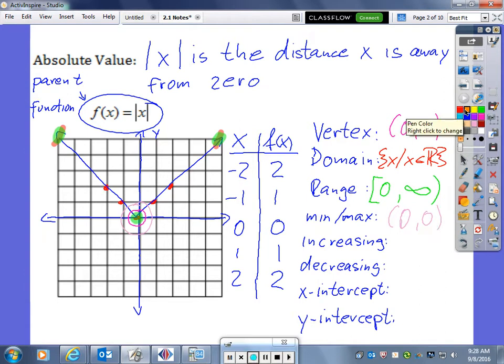Let's talk about increasing and decreasing intervals. I see an increasing interval, which is essentially this part of the curve. And that increasing interval goes from 0 to positive infinity.